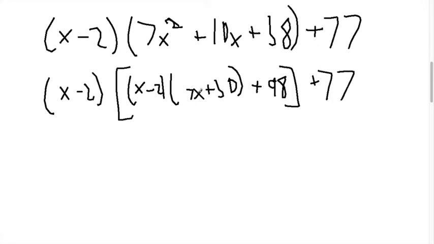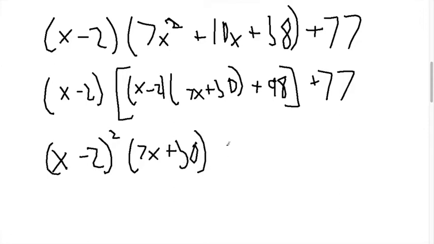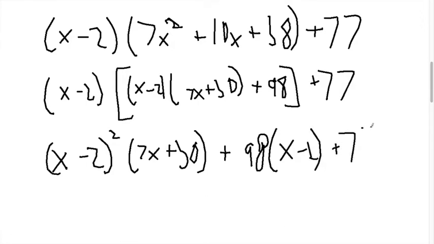Because this expansion we got was an expansion of this. So we just plug in the simpler version of this where this used to be. So after you do this, it's really simple because all you do is distribute this to here and to here. So you get x minus 2 squared times 7x plus 30 plus 98 times x minus 2 plus 77.